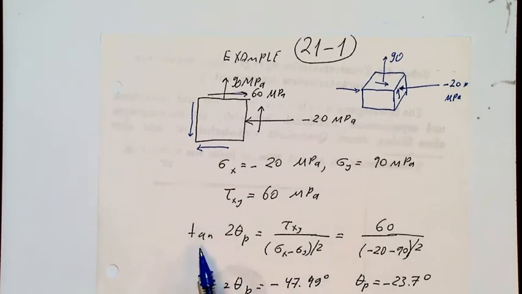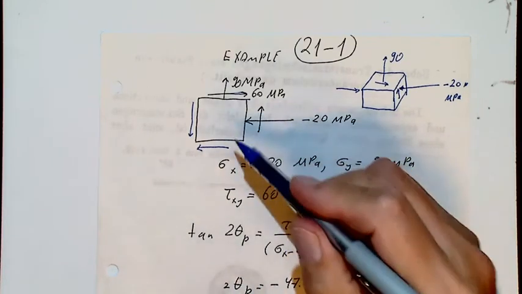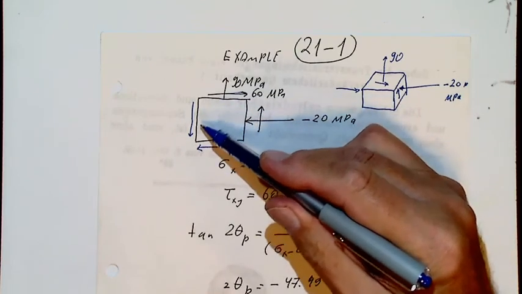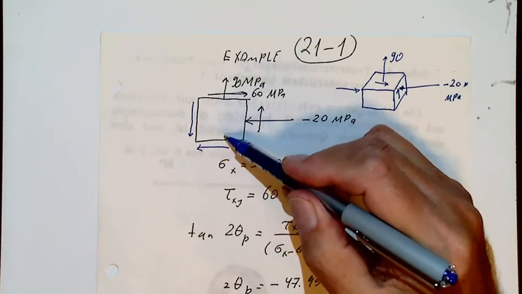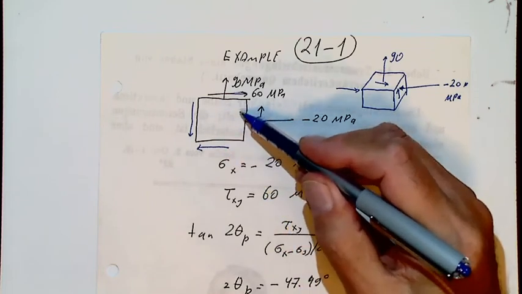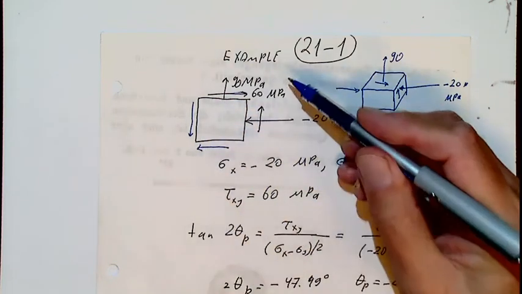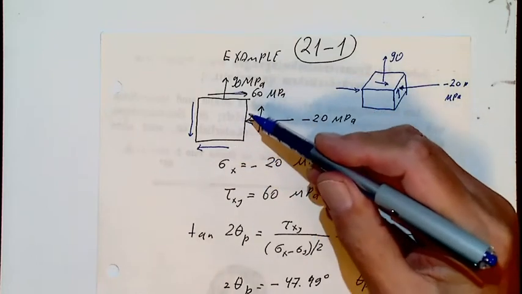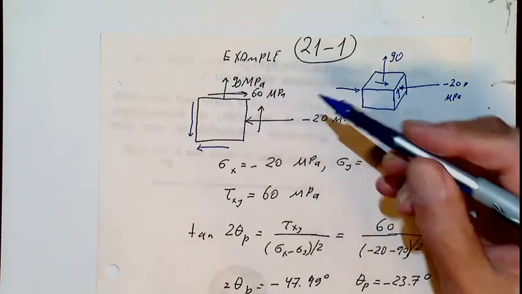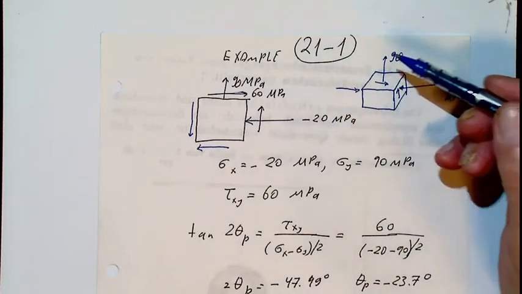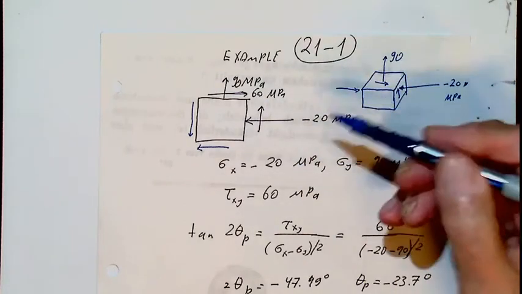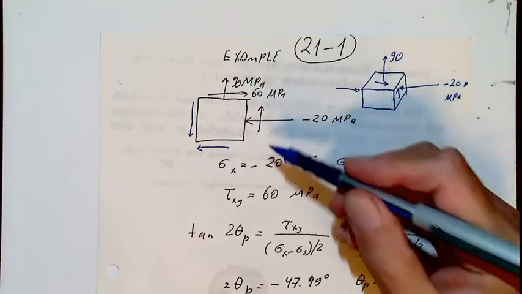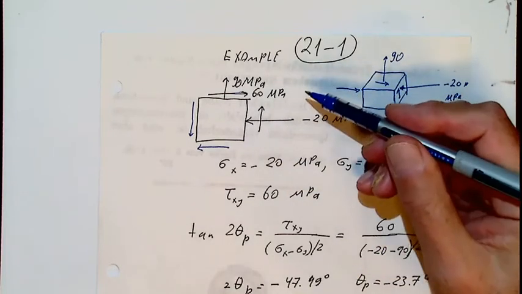Now we are finding, it turns out, that if we cut this element in different directions, we would get different stresses. Now it turns out that there are some directions, so-called principal directions, where shear forces do not act, where only the normal stresses are acting.